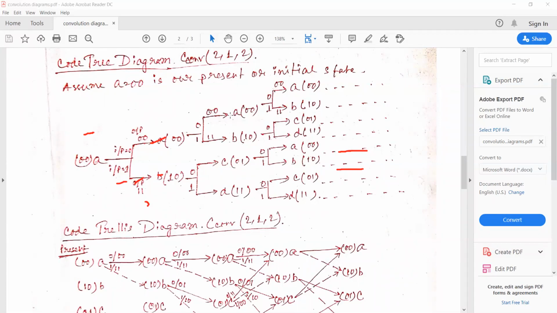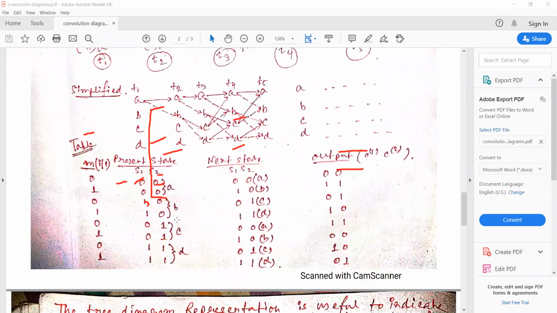So now A and B are my present states. From A, again A and B will be the next states, and from B, the next states will be C and D, because we have seen from the table that when B is the present state, the next states are C and D. So you have to always follow this table.